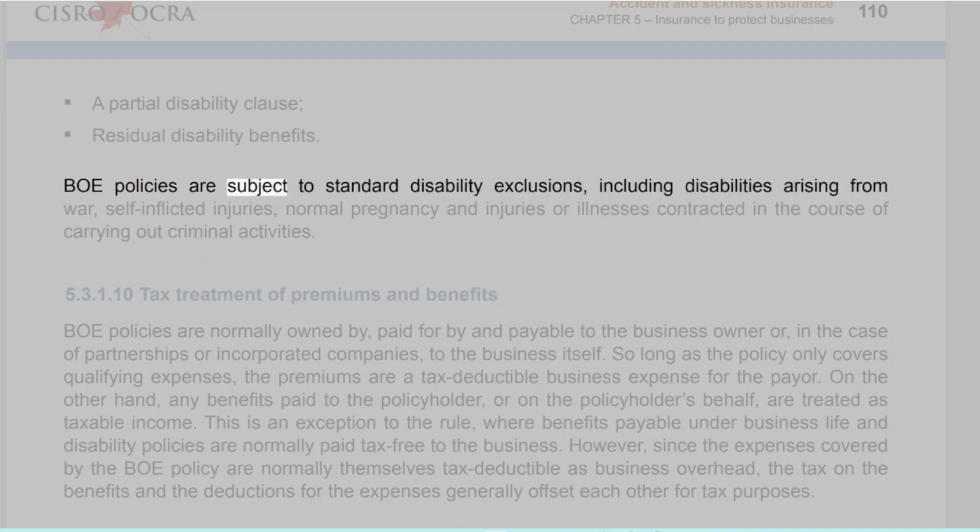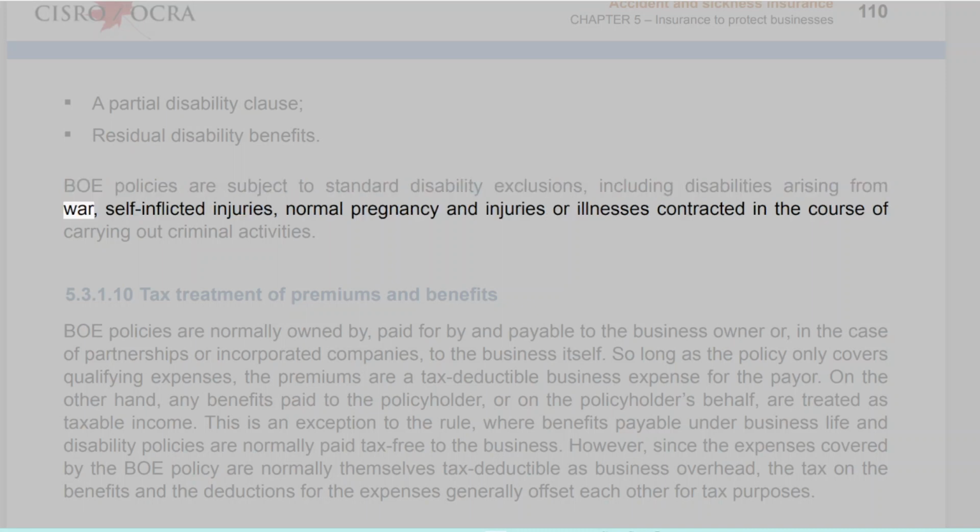BOE policies are subject to standard disability exclusions, including disabilities arising from war, self-inflicted injuries, normal pregnancy, and injuries or illnesses contracted in the course of carrying out criminal activities.